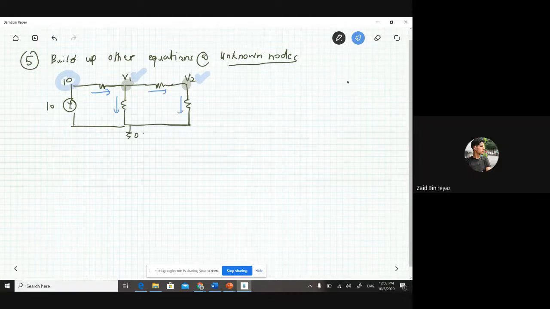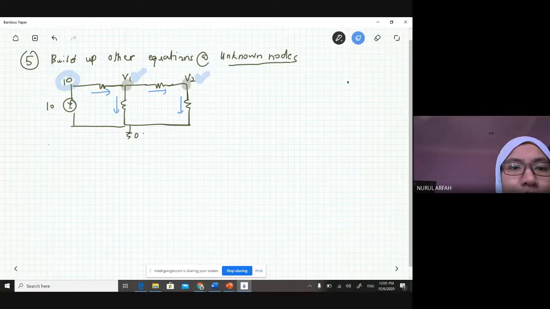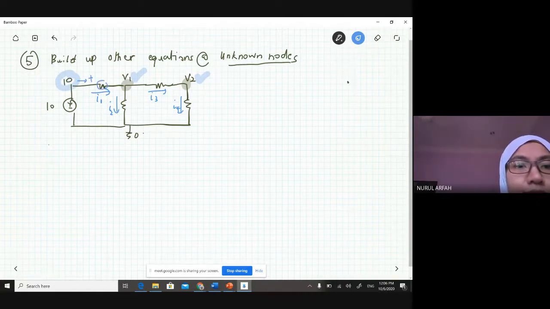Okay, so what is this one then? If you follow according to this, I1, I2, I3, and I4, something like this, then current entering a passive element should have a positive, and this is a minus. So you should have the KCL at V1.